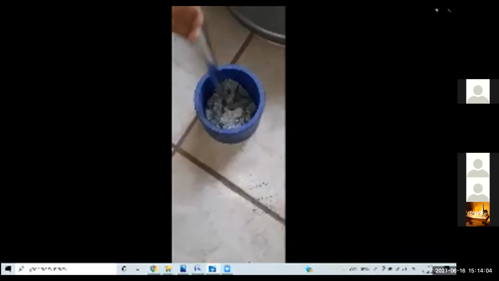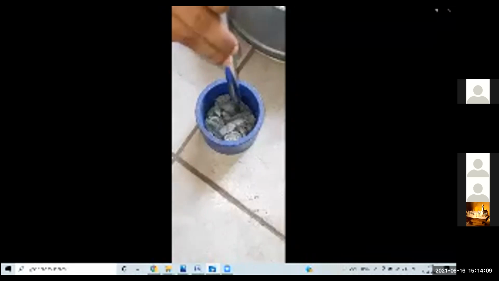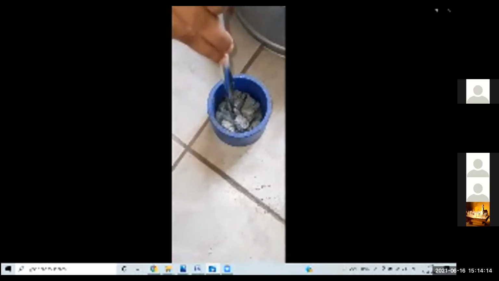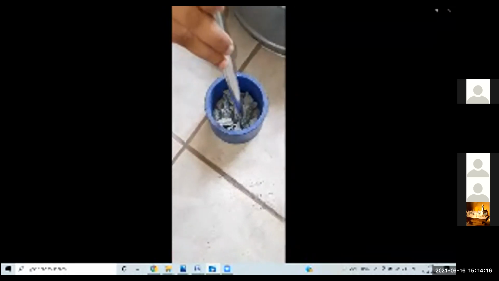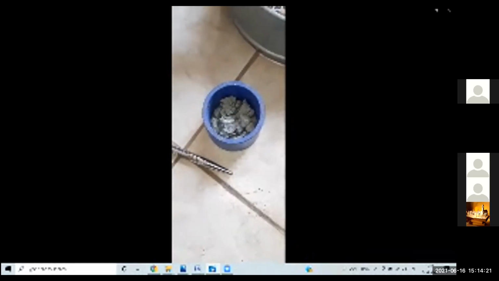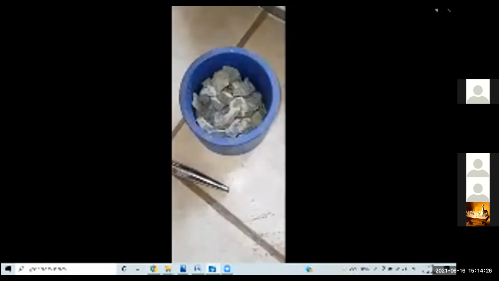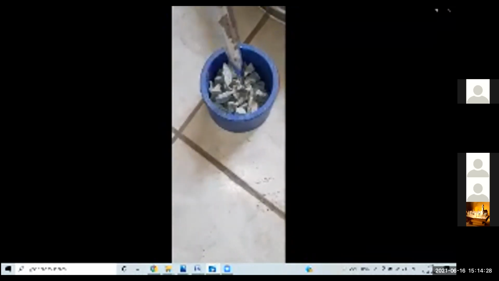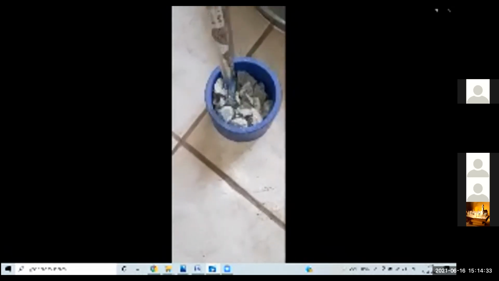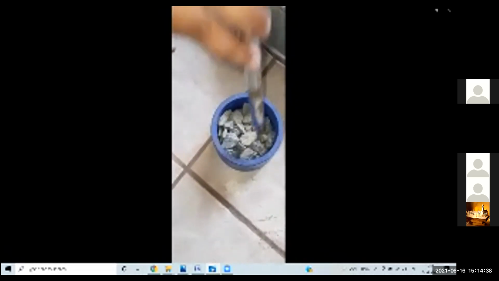Compacting the sample in 3 layers with 25 strokes. Again tamping with the help of the tamping rod.